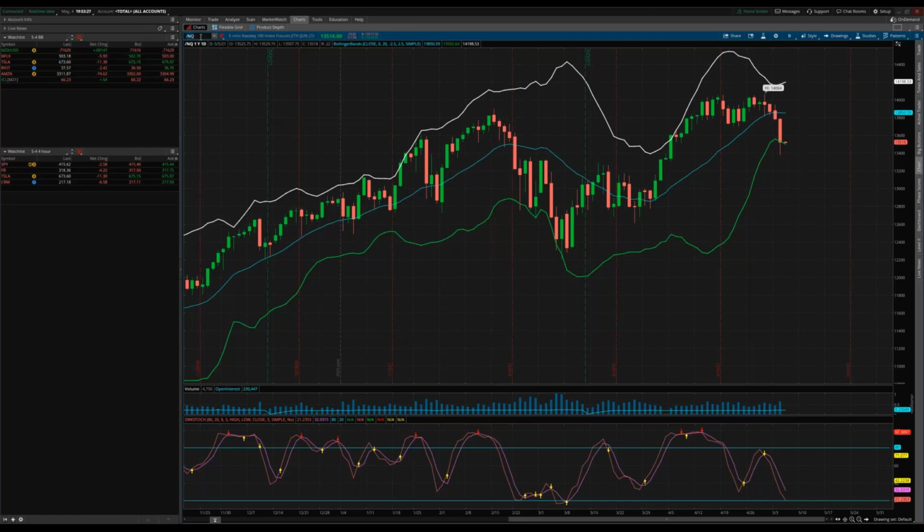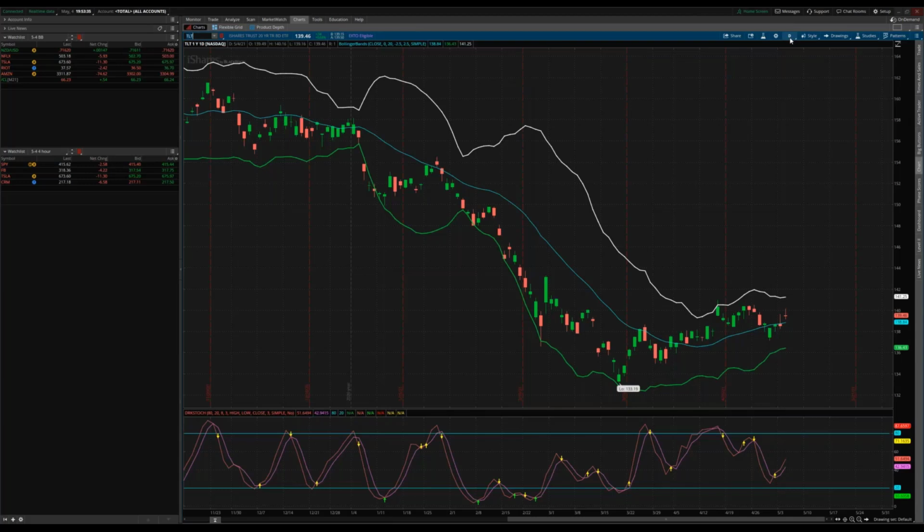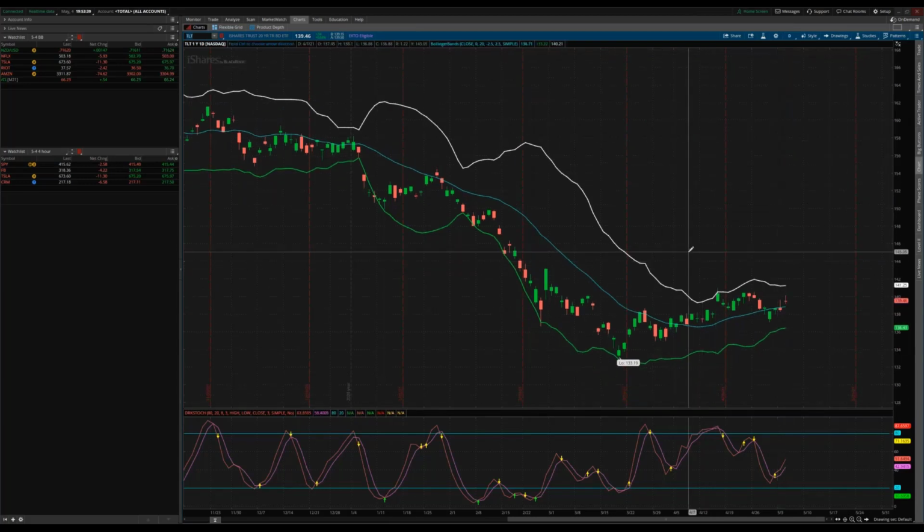Sure, TLT on the daily. Let me bring up TLT. And let's see, we're on the daily. So let's see, on TLT, it's been one of those, it never pierced. I guess it pierced here, okay, and did this right here. It had some small divergence, right here.